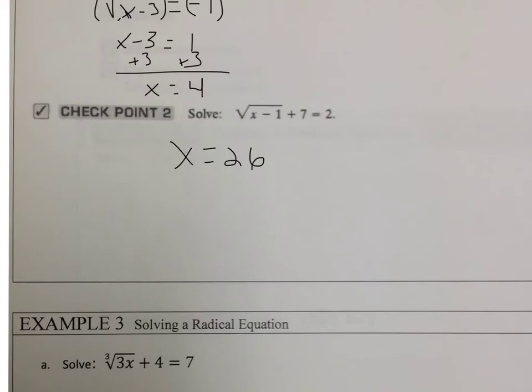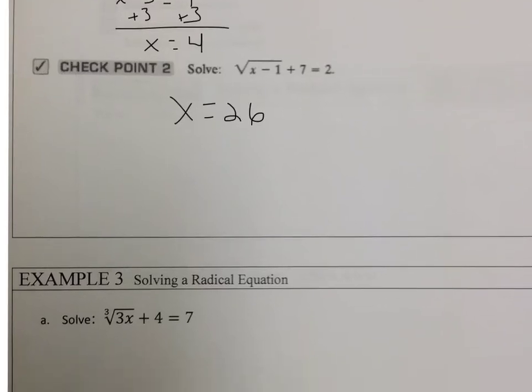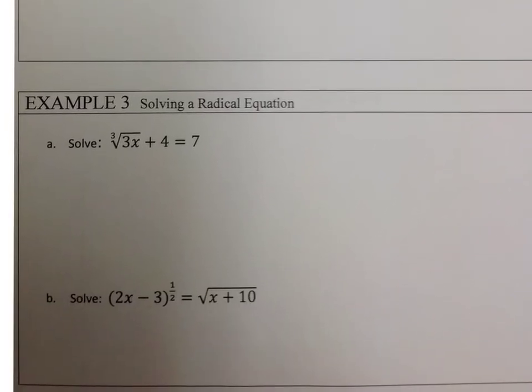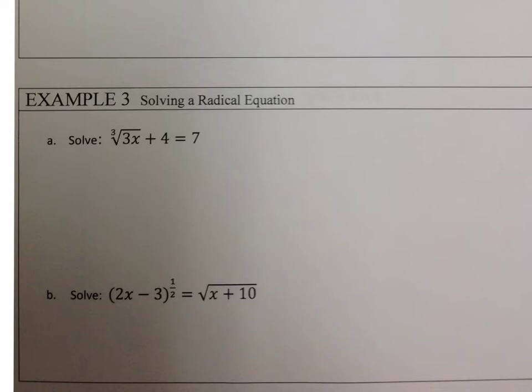Let's look at a couple more examples. A little bit different problems. Cube root. We have the cube root of 3x plus 4 equals 7. The same rule applies. I have to have the cube root of 3x by itself before I do what cancels out a cube root, which is cubing it, raising it to the third power. But first I have to get rid of this plus 4. Subtract 4 from each side.